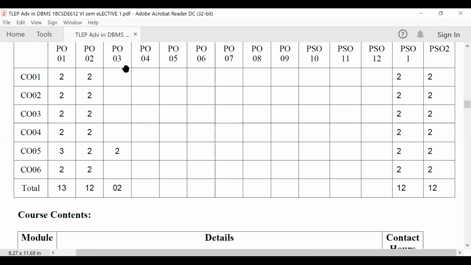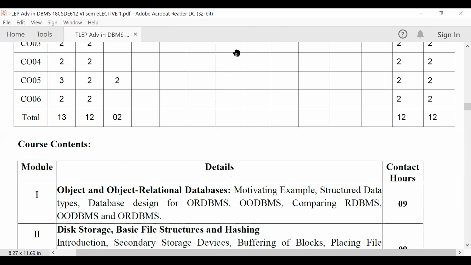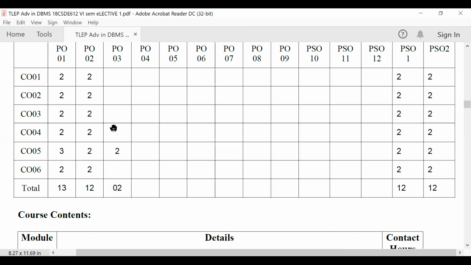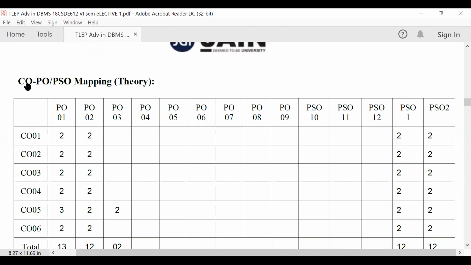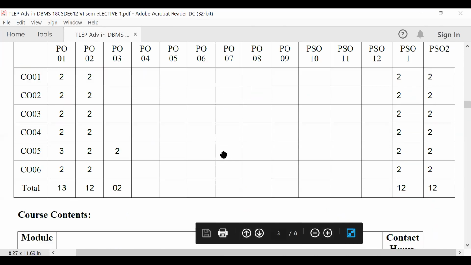The third one, design and development of solutions, 2%, and the program specific outcomes 1 and 2, 12%. So this is the idea behind the CO-PO mapping. This is called the course articulation matrix, or we will call it course outcome CO-PO mapping, or course articulation matrix.